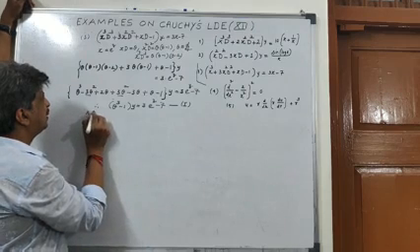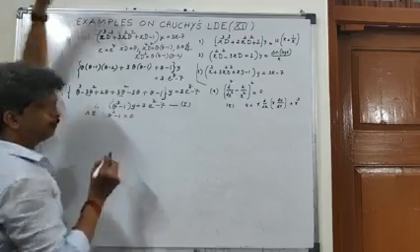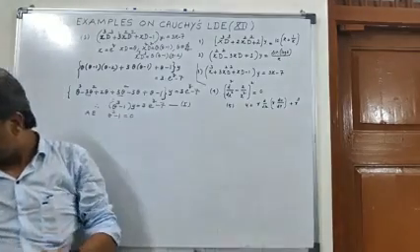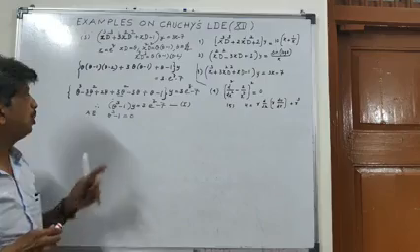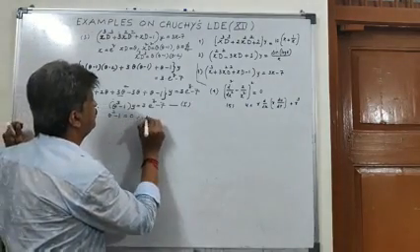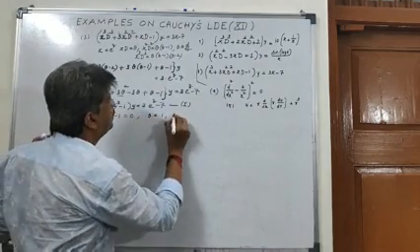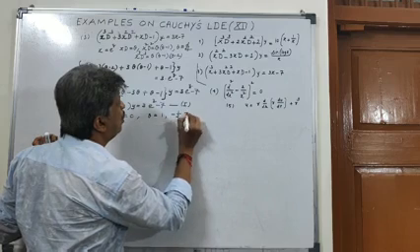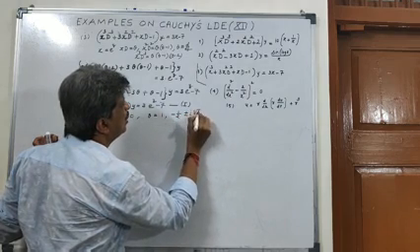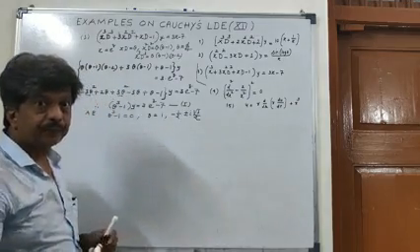Auxiliary equation is theta cube minus 1 equal to 0. What are the roots of this equation? The roots are theta equal to 1 and minus 1 by 2 plus minus i times root 3 by 2.